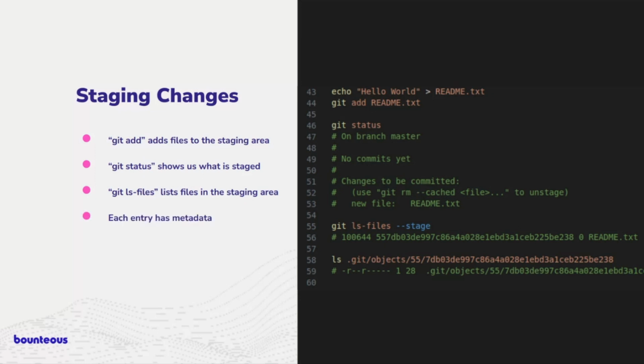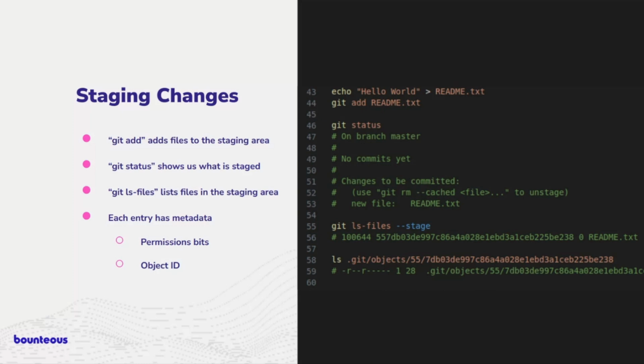Every entry in our staging area is going to start with our permission bits, which are Unix execution bits. We'll get the object ID. In this case, the object ID is the hash of hello world, so it's that same 557db0 hash.